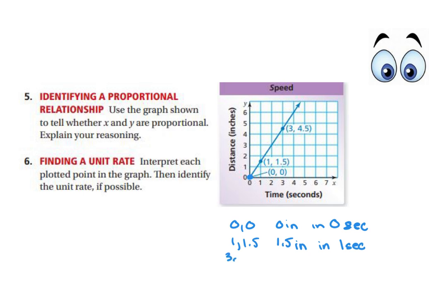And then 3, 4.5, that's going to mean 4.5 inches in 3 seconds. Then identify the unit rate. Unit rate means per 1. So the unit rate is 1.5 inches per second.